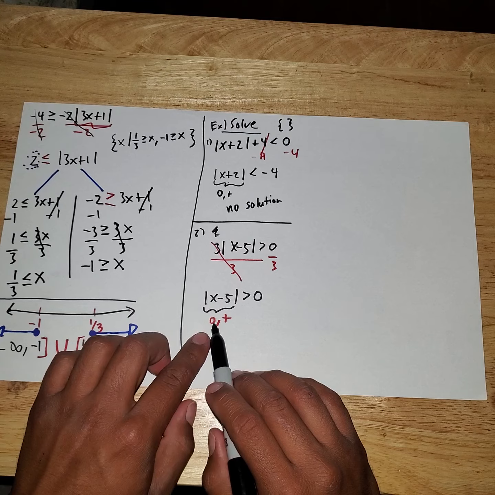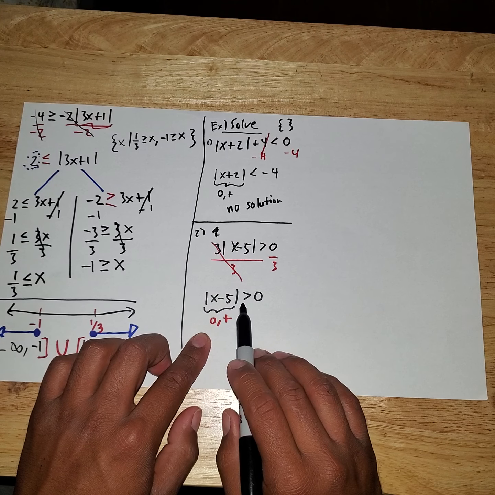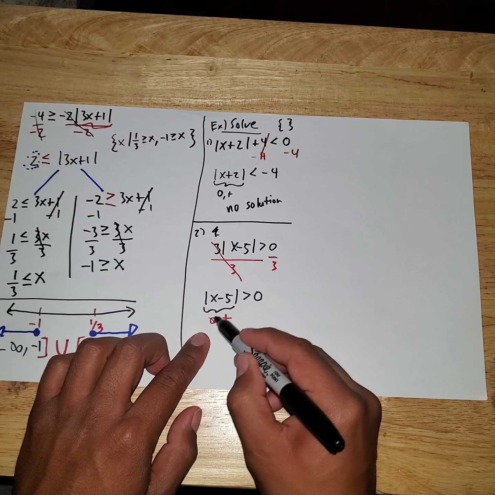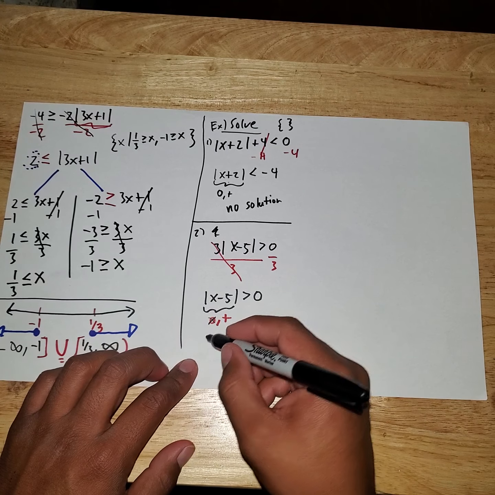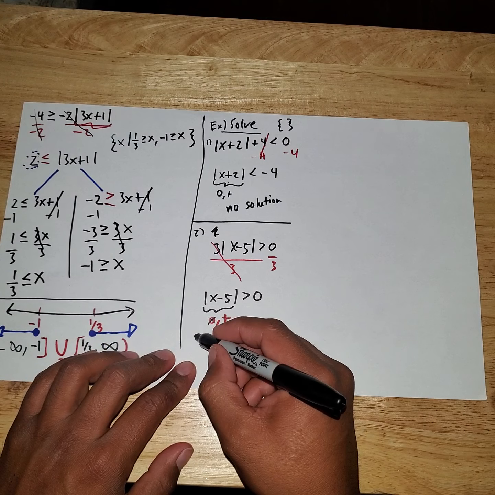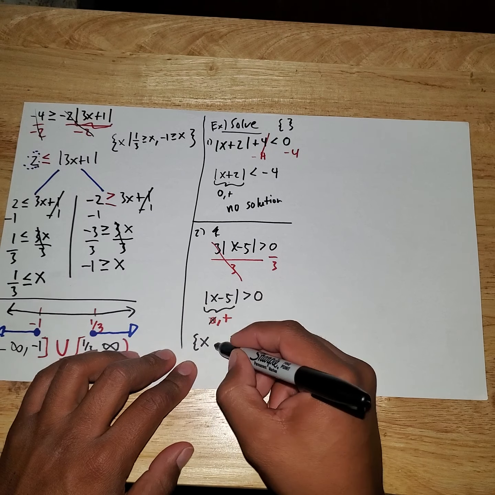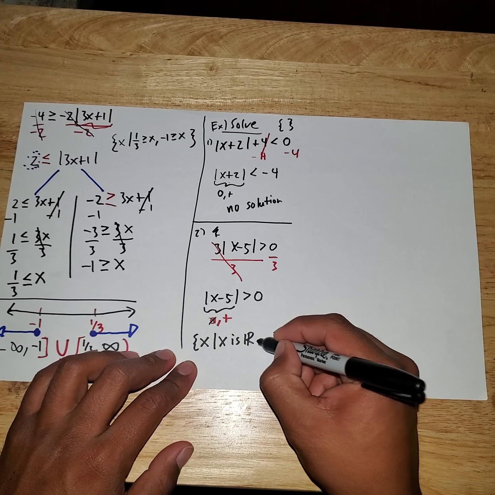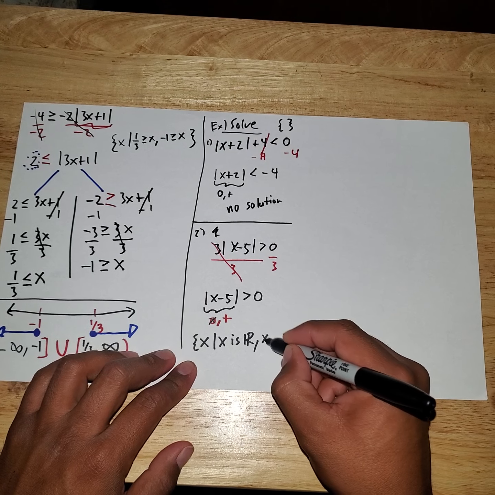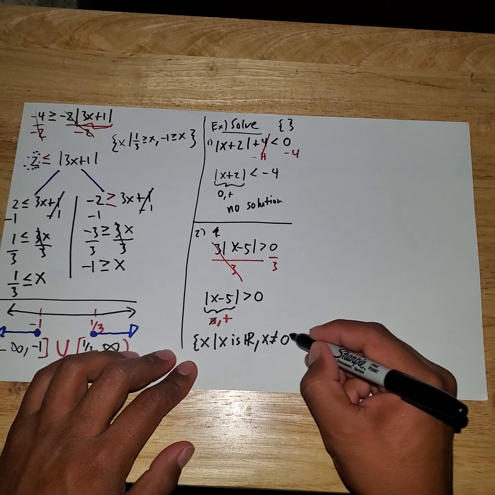Would 0 be greater than 0? No. Are positive numbers greater than 0? Yes. So your solution will actually be x such that x is all real numbers except 0.